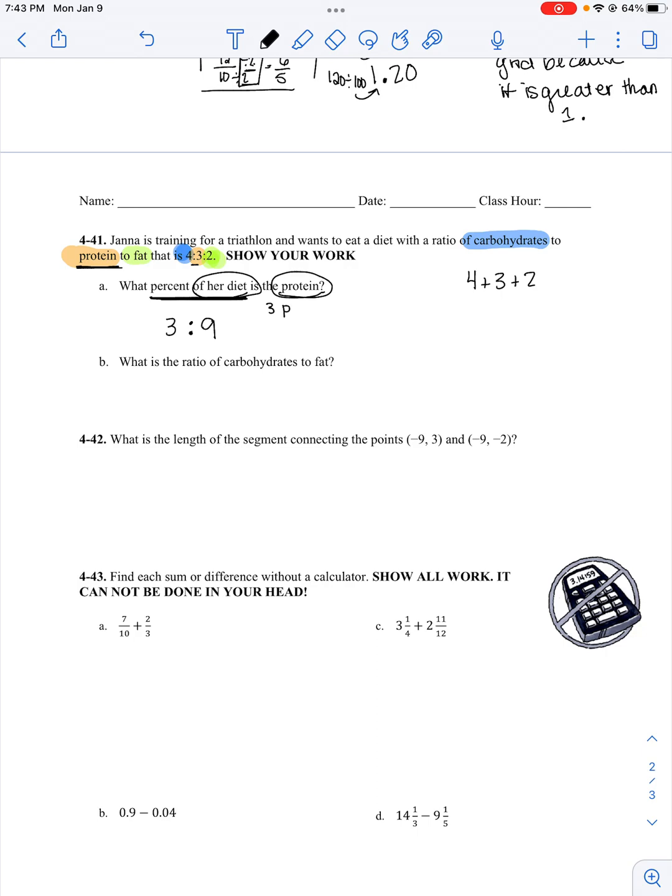So to find the percent, remember, I can rewrite it as a fraction and say, well, that is 3 divided by 9. I can use a calculator.